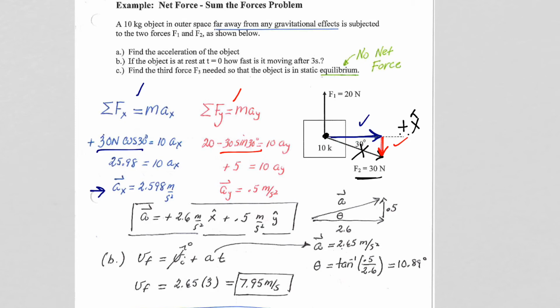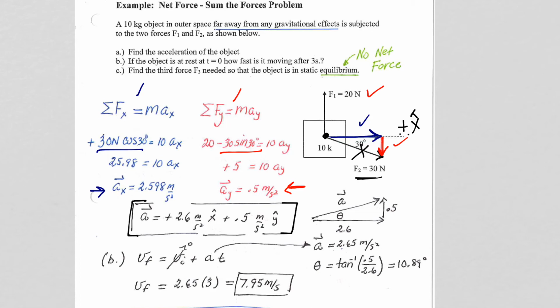And now in the y direction I have to be a little careful because it's the sum of the forces. So I have 20 up minus the F2 in the y direction down, or the 30 sine 30. So here I get an acceleration in the y direction of negative 0.5. And we absolutely can just write that down and box it as our answer in Cartesian coordinates.